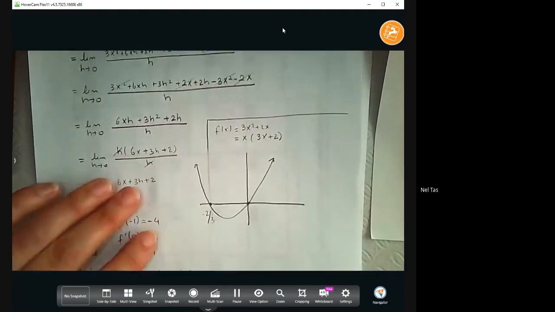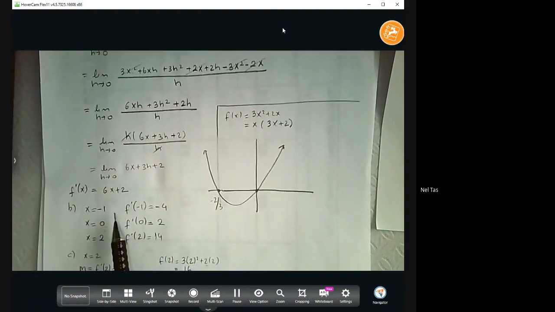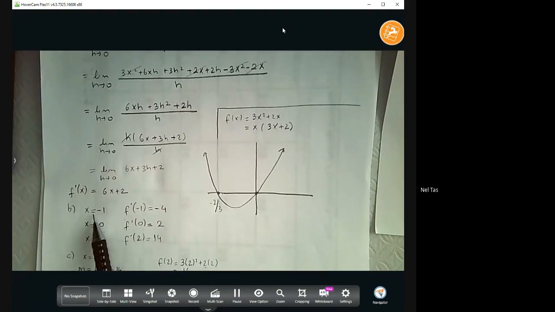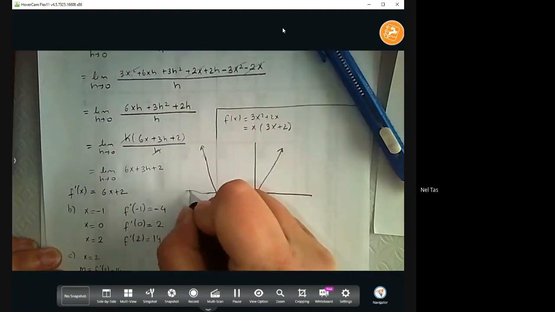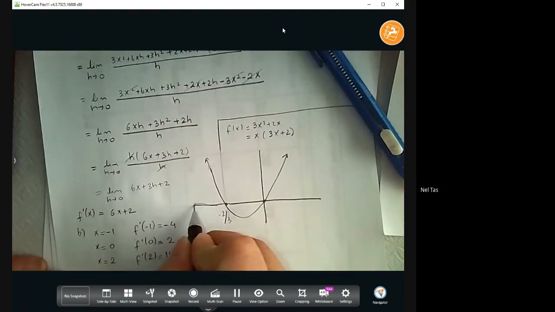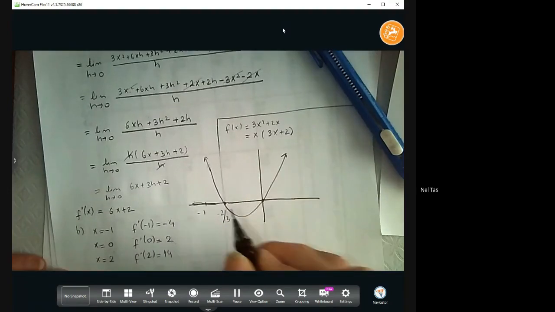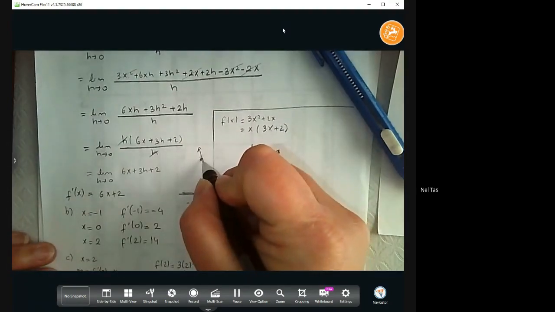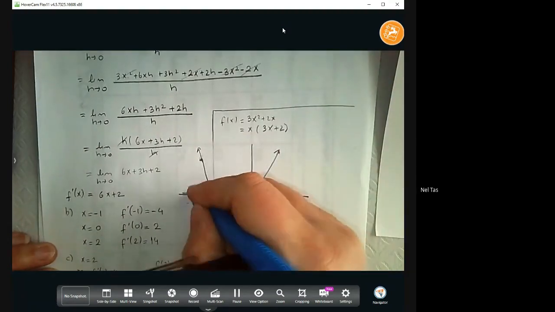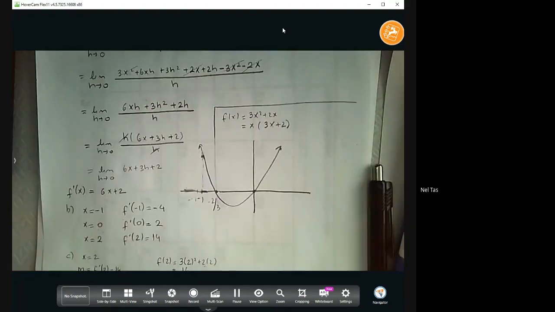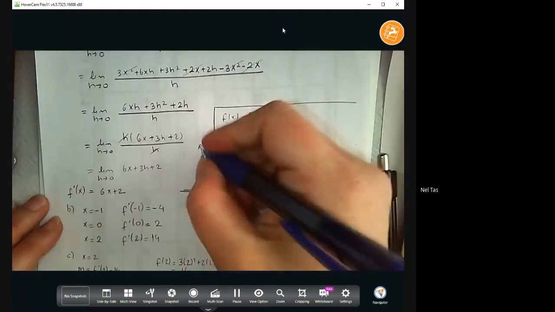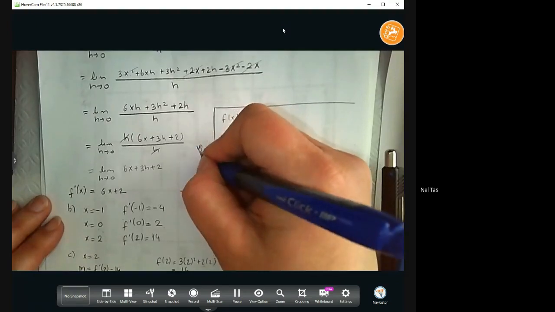Okay, so far what did we find here? We found the slope of the tangent at x equals -1. So let's say -1 is somewhere here. I need to make it a little bit closer. So for the slope of the tangent here, we draw the tangent.